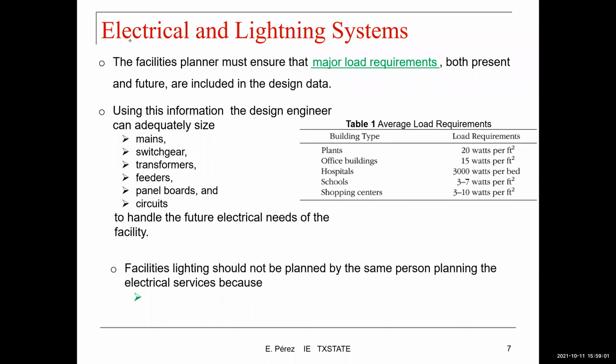For example, for plants, about 20 watts per square foot. Office buildings, about 15 watts per square foot. Hospitals require much more than that, 3,000 watts per bed. Schools, about 3 to 7 watts per square foot. In shopping centers, between 3 and 10 watts per square foot.